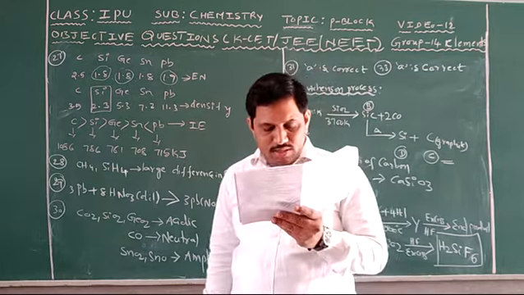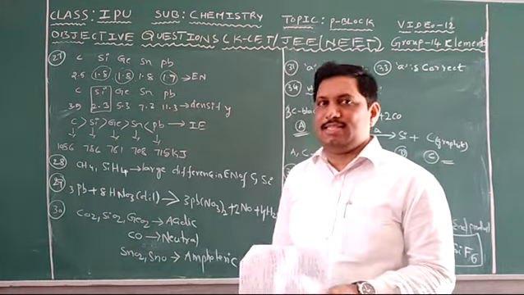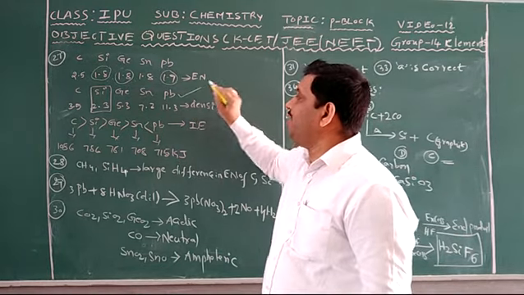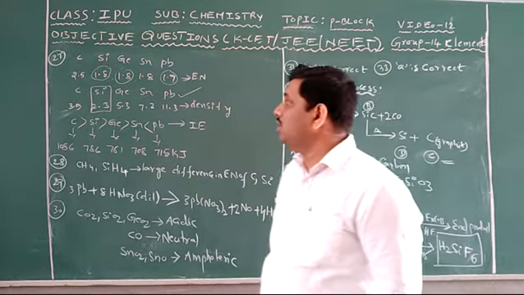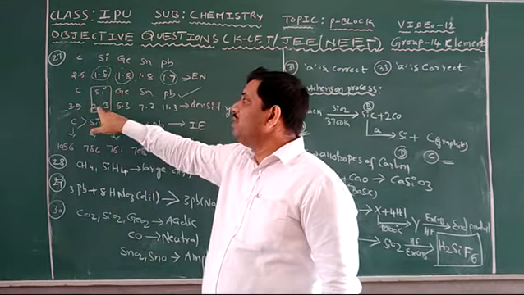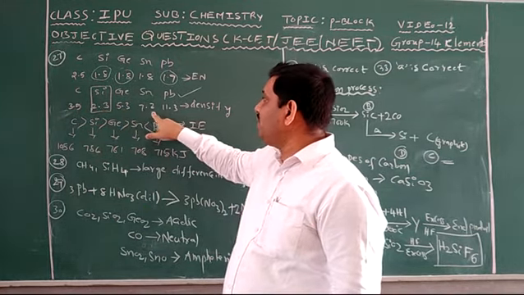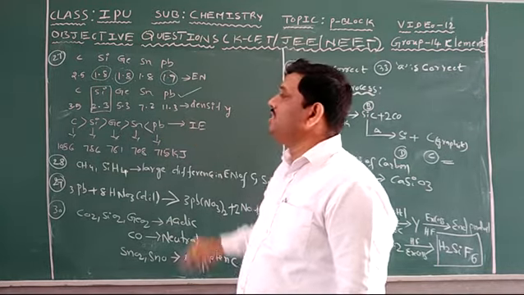Okay. Next one. The density of silicon is least. Let us observe the density of the group 14 elements. Carbon is 3.5, silicon 2.3, germanium 5.3, tin 7.2 and lead 11.3. It is the density order.